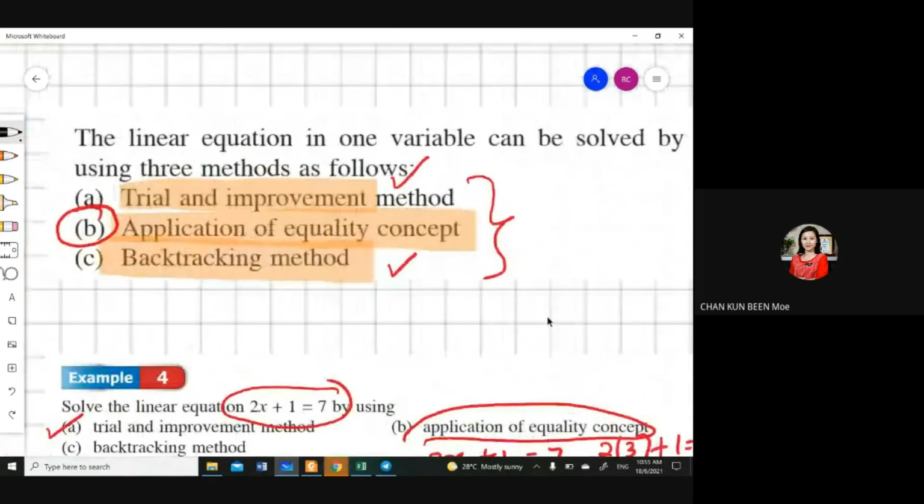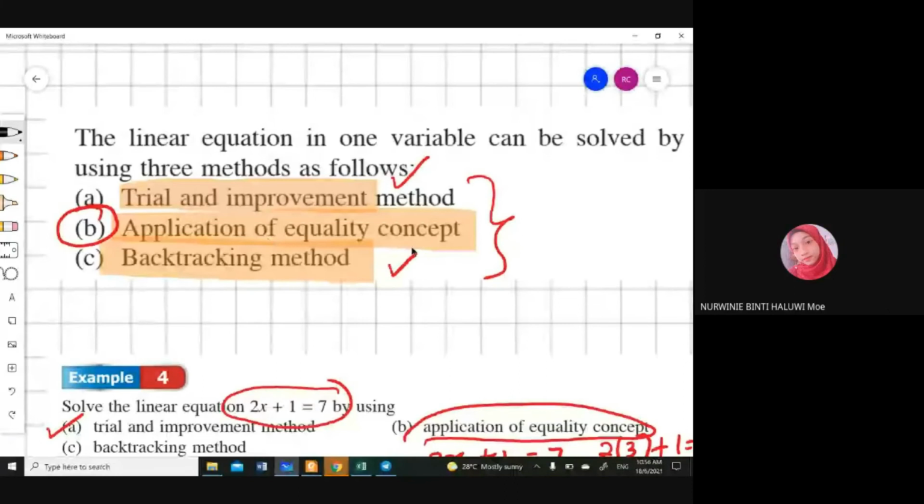First, trial and improvement method. Read. Trial and improvement method. One more time. Okay, next. Application of equality concept.